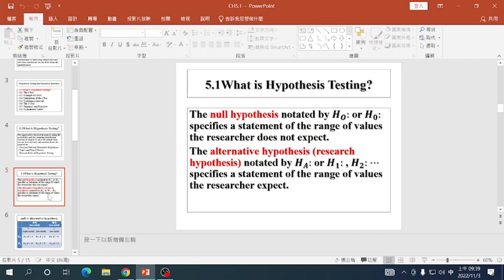Therefore, we call these 2 one-sided tests, and this one is called a two-sided test. So one-sided and two-sided really depends on the direction of the alternative hypothesis.